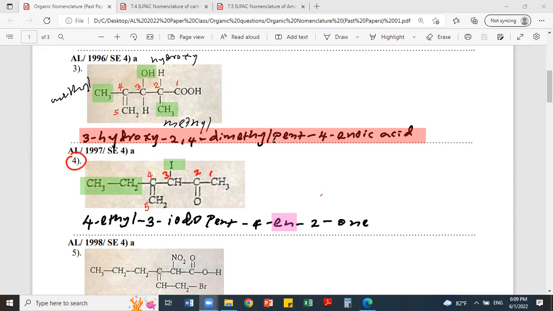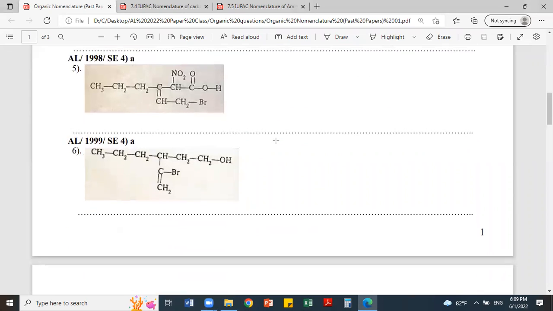Okay, you can try the next one alone. Yes, for sure. Number 5. Yeah, 1998 A level. This is a structured essay question. They have given you the structure to write the name. Okay, can you try it alone? Yeah, sure.